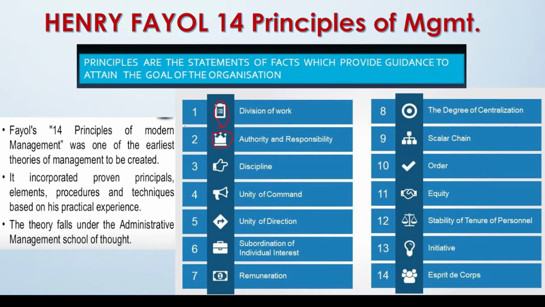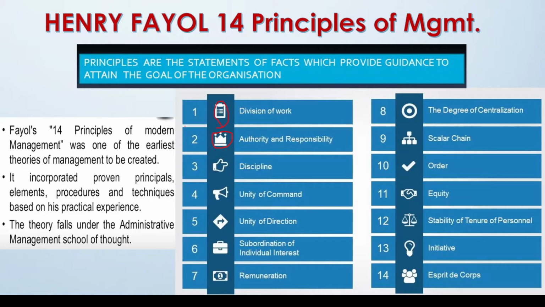So he created these principles from the experience he received from his professional life. Sorry, not personal. It is from his professional experience. So he derived these principles from the techniques and procedures and elements he followed in his professional life.